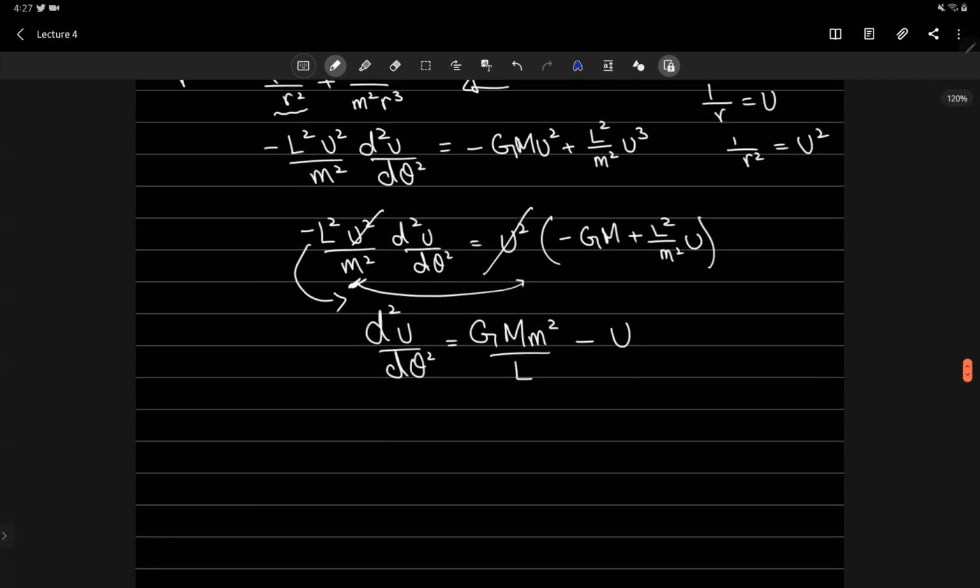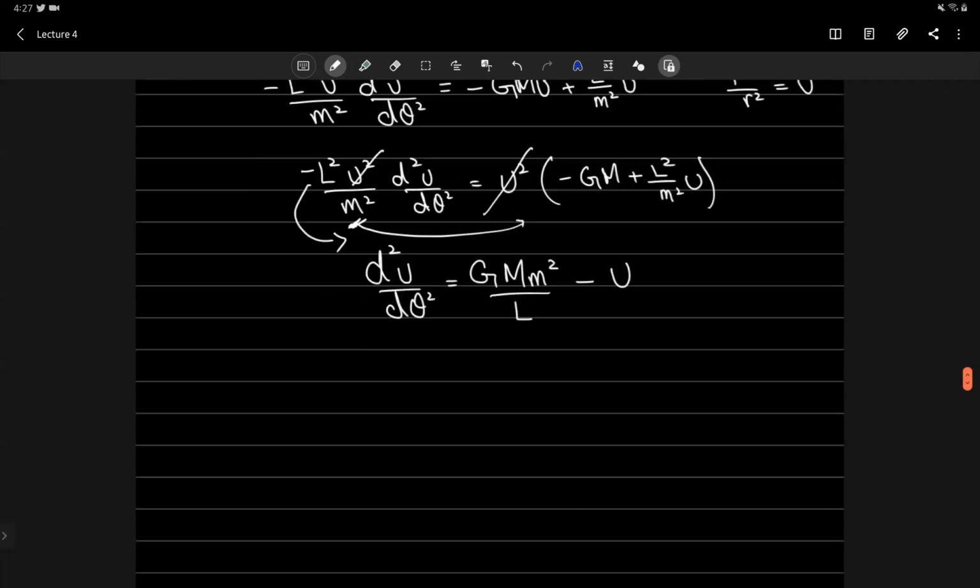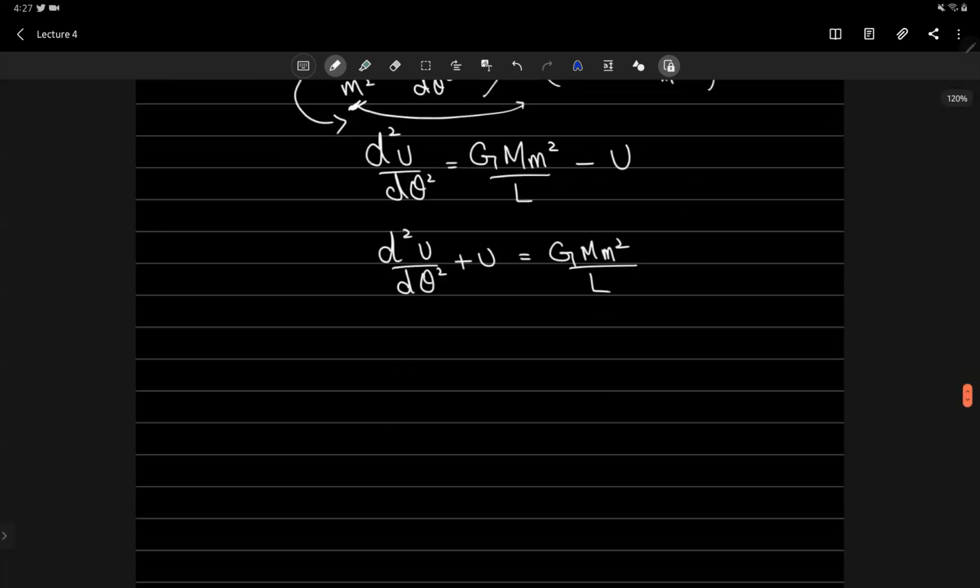Okay, and this is the differential equation. We can clean it up a bit, meaning let's bring the u terms together. So we would have plus u is equal to G M squared over L. Now you can simply use Mathematica or anything, or you could solve this differential equation and you would have a solution of u, which would be GM m squared over L squared plus A cosine of theta.